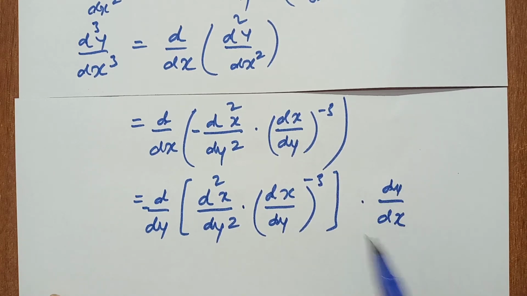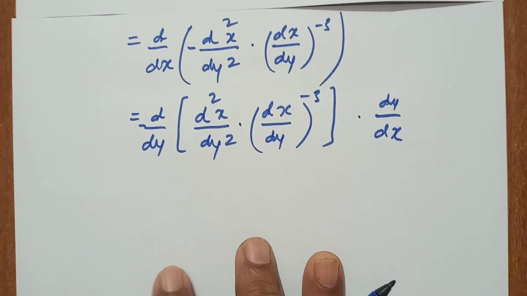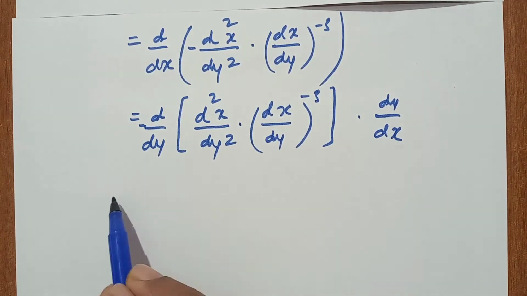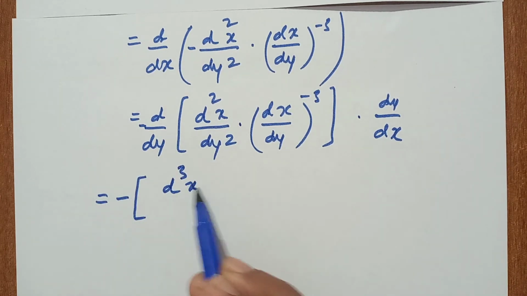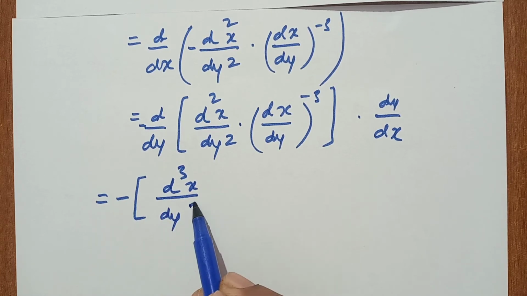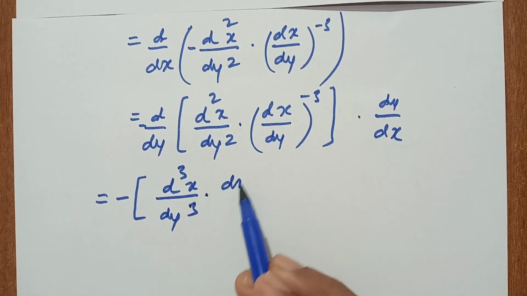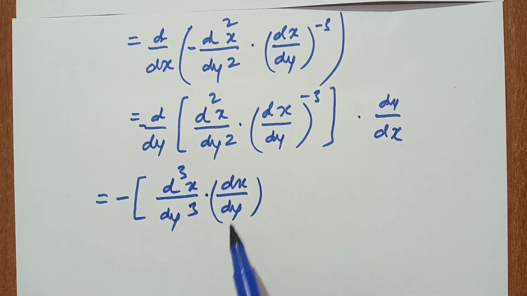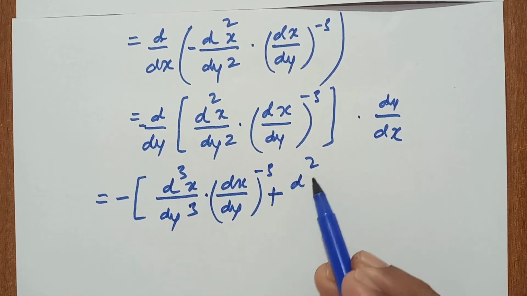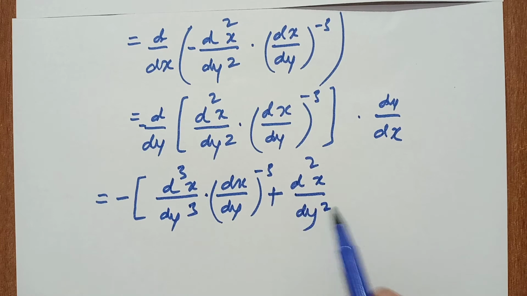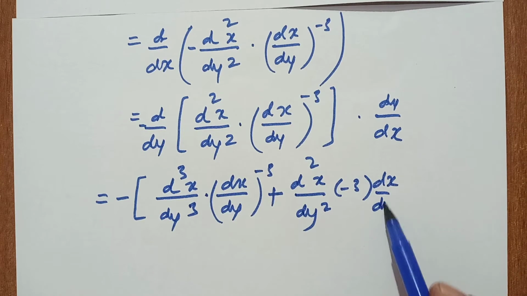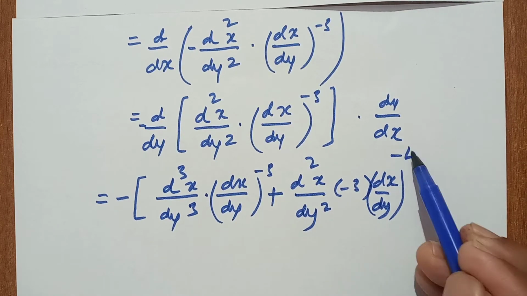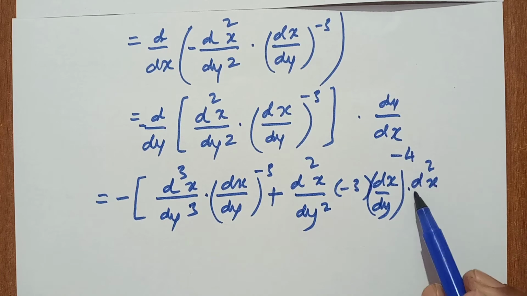Now this is a product of two functions, so this will be d3x by dy3 times the second function as it is, (dx by dy) to the power minus 3, plus the first function as it is, d2x by dy2, times minus 3 (dx by dy) to the power minus 4 times d2x by dy2.